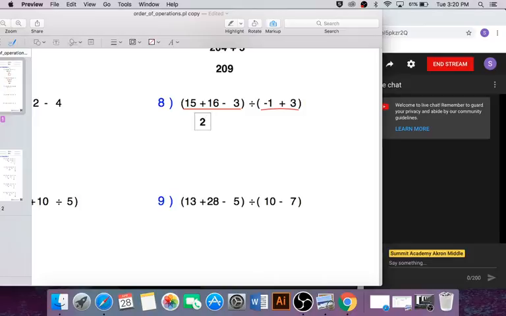So we're going to have 28. Again, this is our divided by symbol. And now we have negative 1 plus 3. Negative 1 plus 3 is 2. So we have 28 divided by 2, and that is 14.